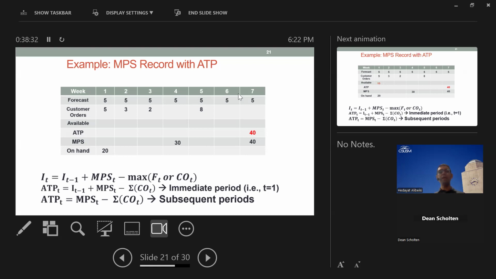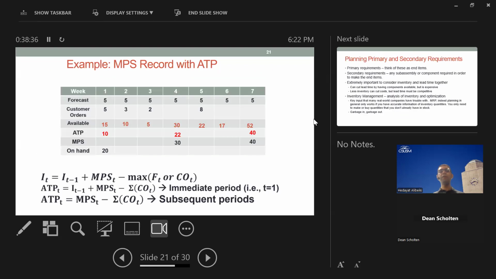We talked about available to promise before. So available to promise, MPS, and inventory, these are the items that we have in the MPS table. We're not going to deal with customer orders in the MRP table. The reason is that for those we are doing mostly secondary requirement planning, meaning that we don't get customer orders for those.